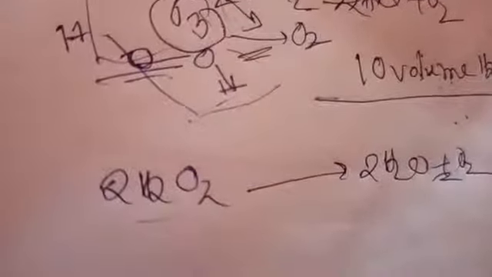So, for example, 20 volume hydrogen peroxide refers to a solution whose 1 liter will give 20 liters of oxygen at STP. STP you have to mention, as you all know, when we are talking about volume. So suppose you get a numerical, you have all done this numerical I think in chapter 1, the strength chapter.